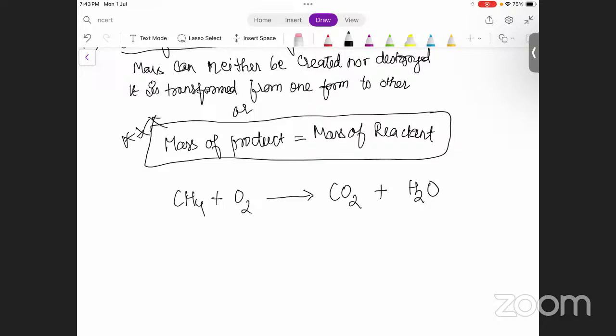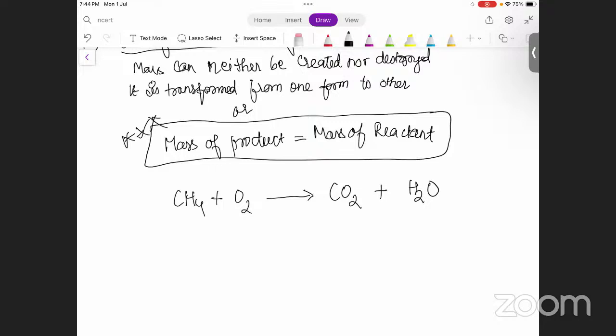Now as we have to follow the law of conservation of mass, we have to balance this equation. There is a shortcut to balance this equation. The first method, the standard method, is we just pick the molecule which has the maximum number of atoms, right?